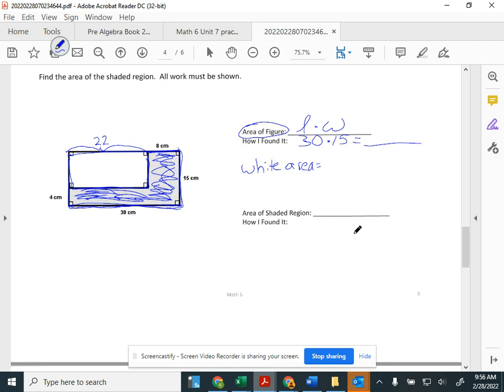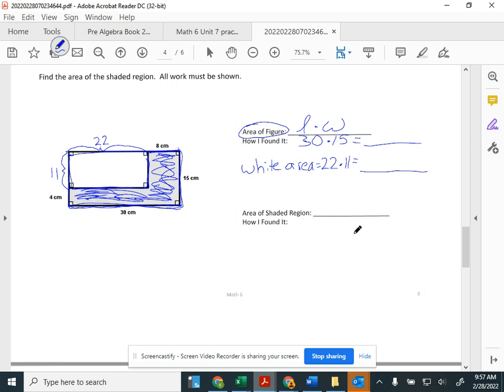Then here, we know it's 15 for the width, and 4 of it is with the shaded. So how much is the white? Nick? 11. 11. So same math that we did, length times width, 22 times 11 is our white area.